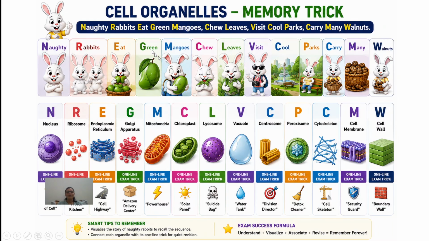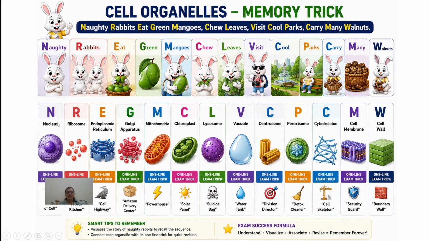So how can you remember all the organelles present in the cell? Here is a memory trick: Naughty rabbit eat green mangoes, chew leaves, visit cool park, and carry many walnuts. What does it mean?